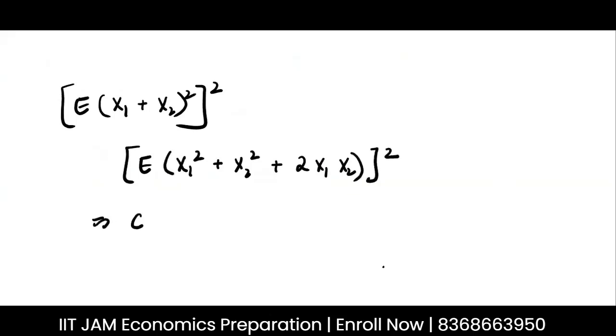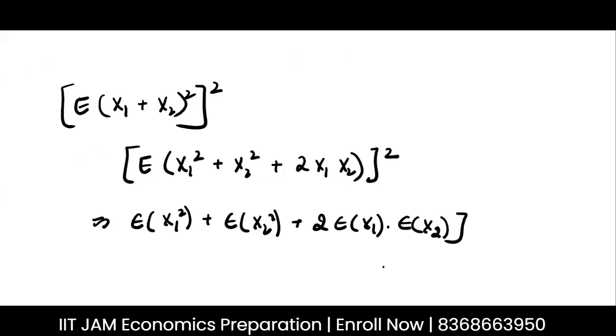So this would be E of x1 square plus E of x2 square plus 2 E of x1 E of x2, because they are independent, whole square.